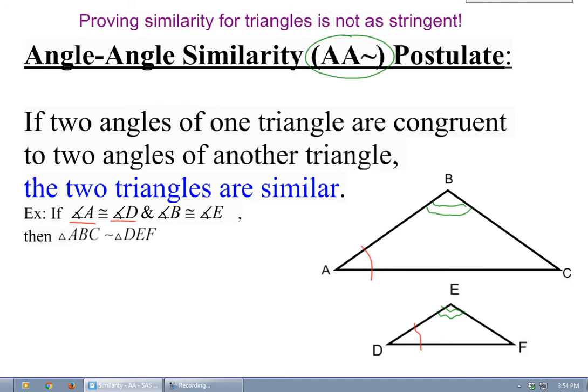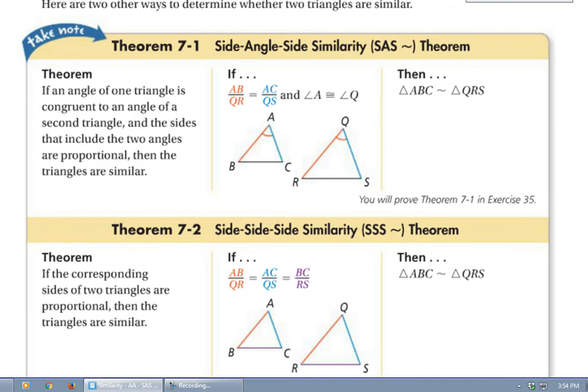From that postulate, we know of two theorems. The first one being the side-angle-side similarity theorem, which says if two angles are congruent, in other words, if angle A is congruent to angle Q, and two corresponding sides are proportional on either side of those angles, then the two triangles are similar.